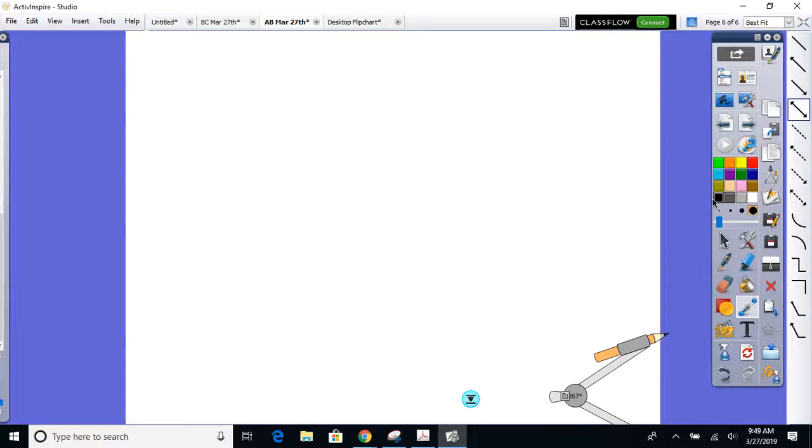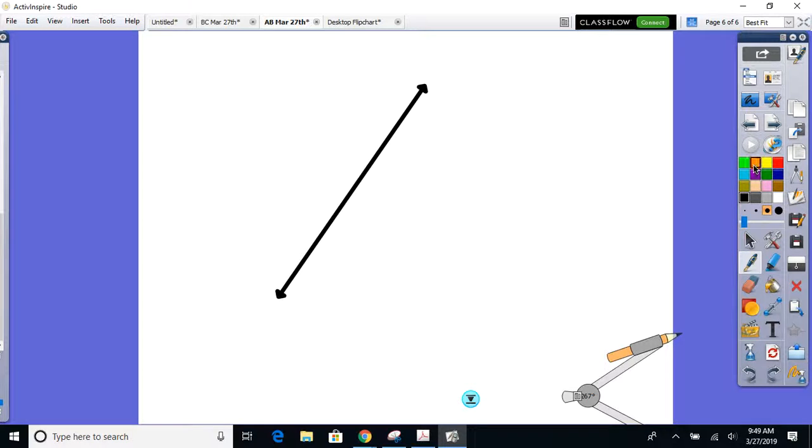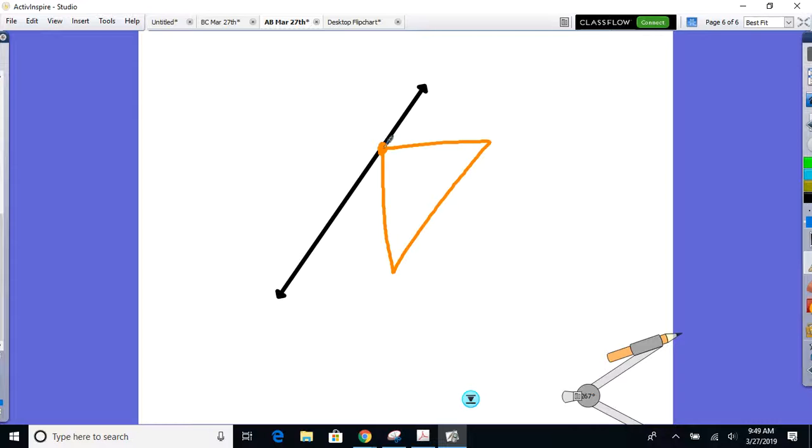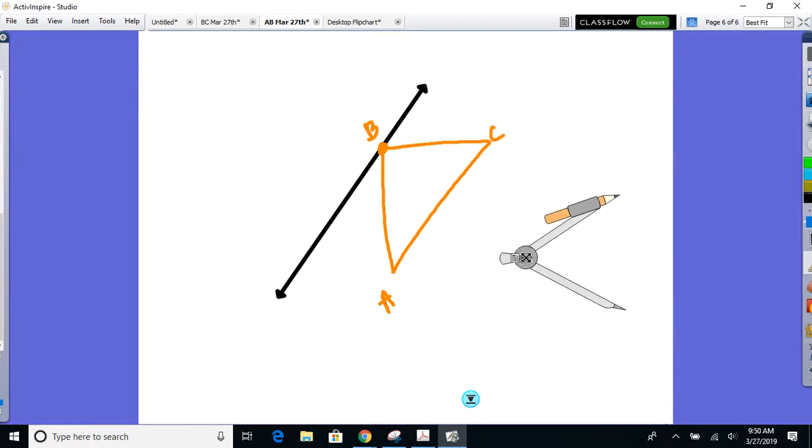Reflection, sure, real quick. Let's say I have that line and I want to reflect that triangle over that line. B is not going anywhere, so I only have to reflect A and C. I take my compass and put it on the point I'm reflecting, and my goal is to intersect this line twice.